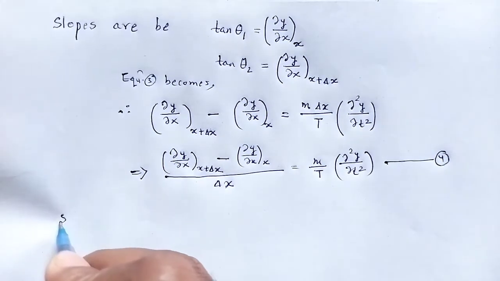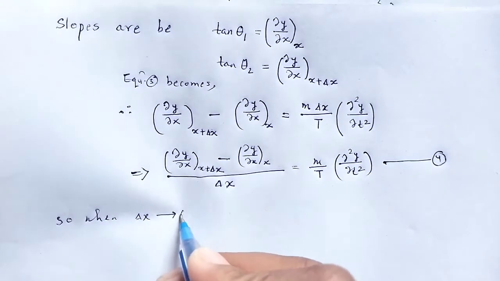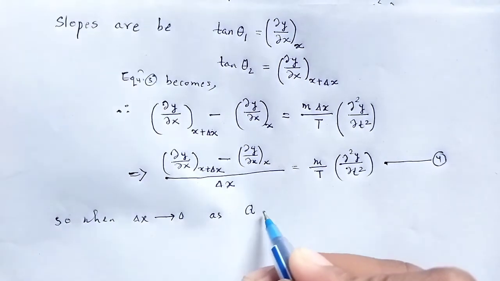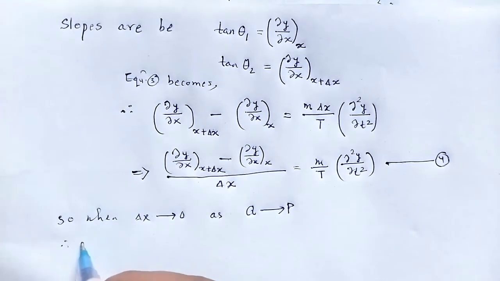So when del x tends to 0, the point Q tends to P, that is, the two points become the same point.